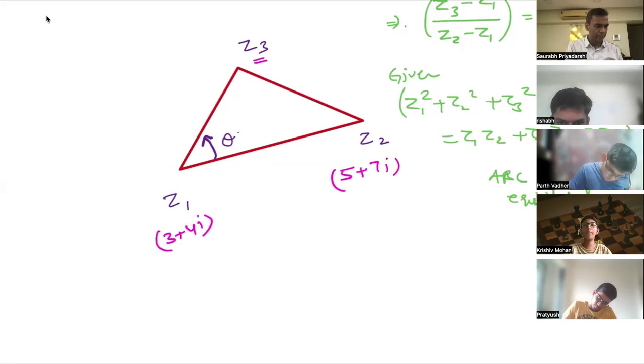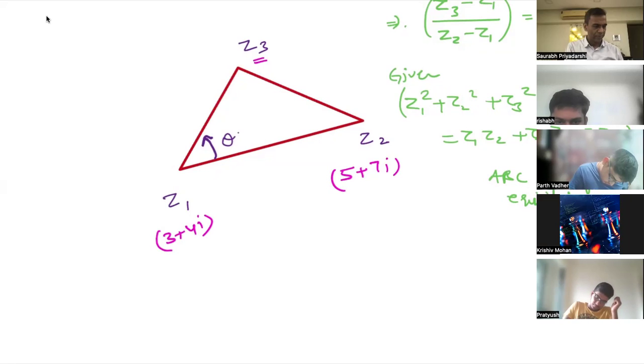Then ABC is equilateral, and you have to find Z3.